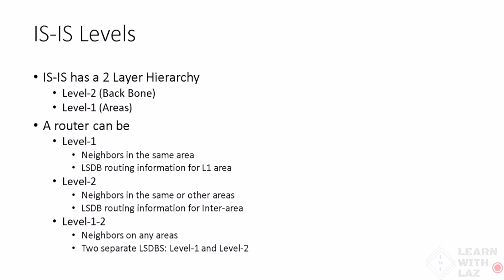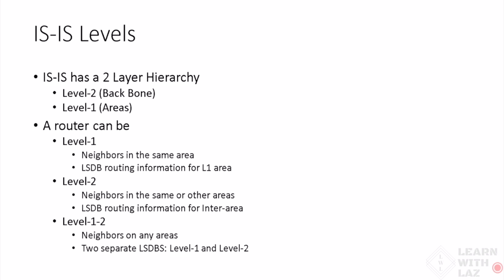You saw it already a little bit in a previous one where level 1 did not talk to a level 2 router, okay? So level 1 routers, they're in the same area. Everybody in that previous lab that I did for ISIS was in the same area. Once I changed one of the routers to level 2, they couldn't get any routing information to get to that one link, okay?